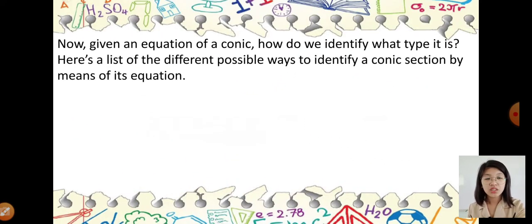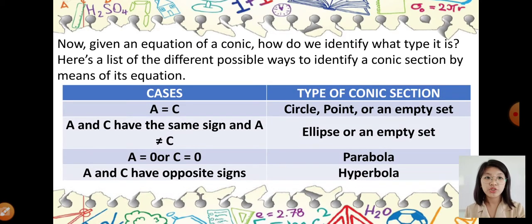So now, given an equation of a conic, how do we identify what type it is? Here's a list of the different possible ways to identify a conic section by means of its equation. So, ayan yung mga cases. We have A is equal to C. Yung A, kapag nag-equal siya sa C, we have a circle, point, or an empty set.